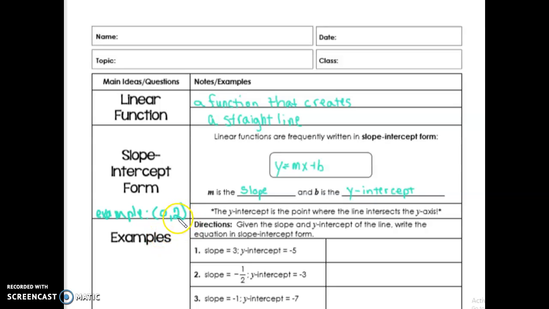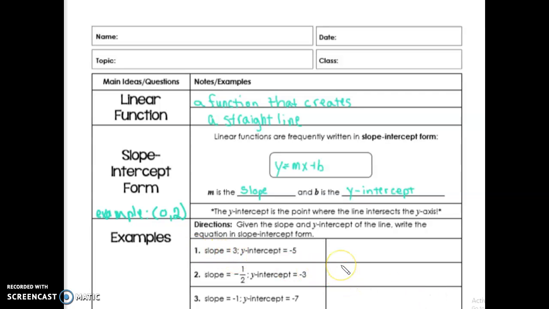Your y-intercept for this is going to be crossing through 2 on the y-axis. So if you were given a table of values, a set of points, and they wanted you to locate the y-intercept, you're looking for an x value of 0 in the ordered pair.